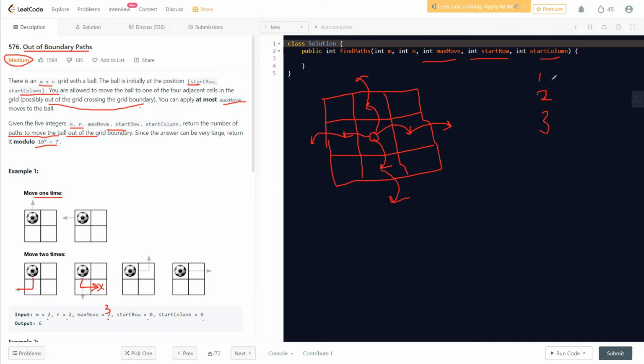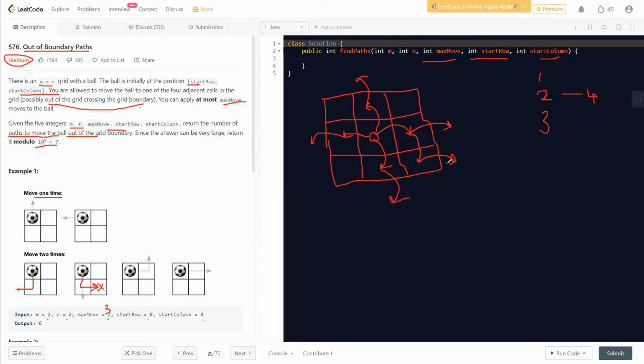We find that there's no way. Then we go for two moves, and we find that we can go out of the grid in four ways by two moves. Now by three moves, can we go out? Let's say by one move we came to this, by another move we came over here, and by the third move we can actually move out.